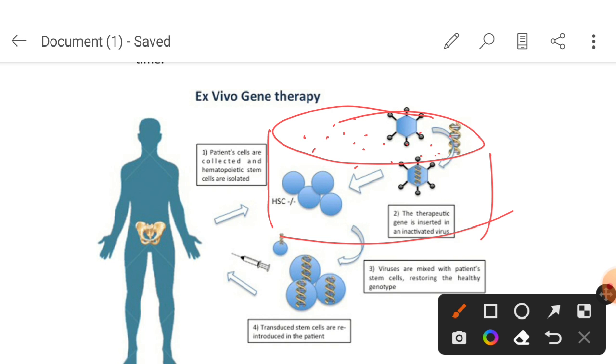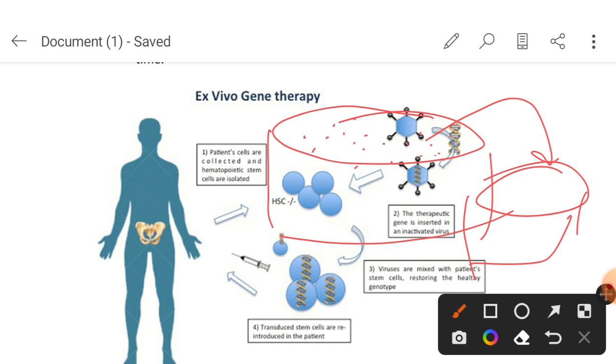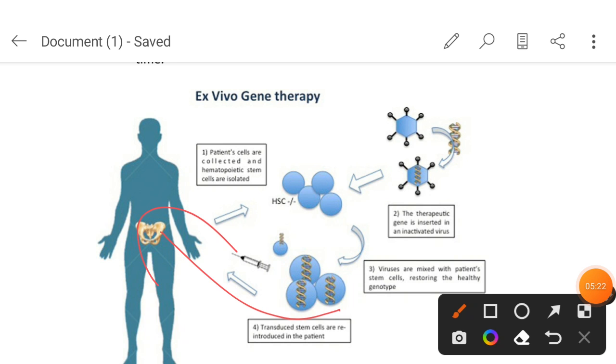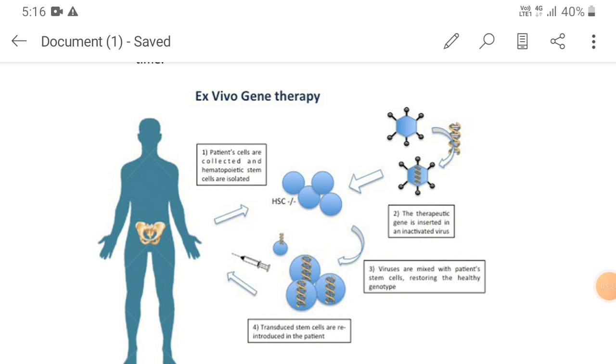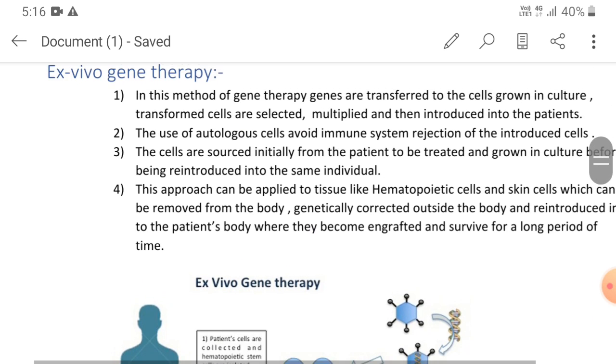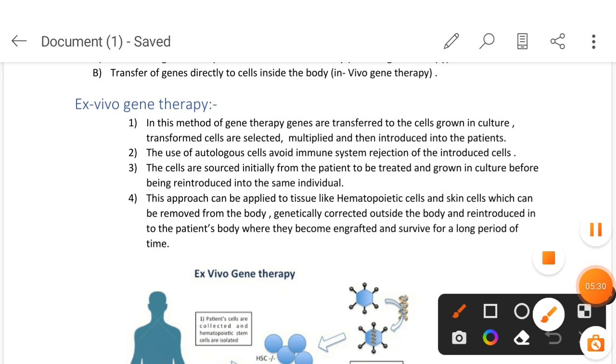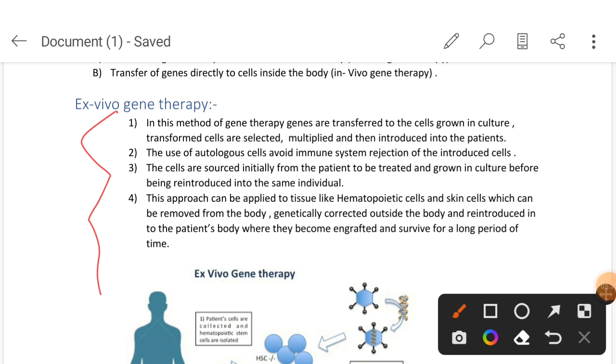After the transformation we will select only those cells that have acquired the therapeutic gene. After selection we will selectively multiply them and then transfer them back into the human. Inside the human, due to the expression of the therapeutic gene via various processes, the diseased cell can be cured. So that is all about ex vivo gene therapy.